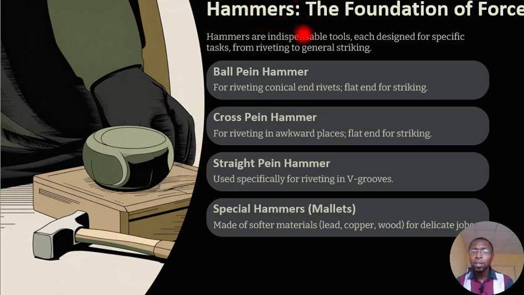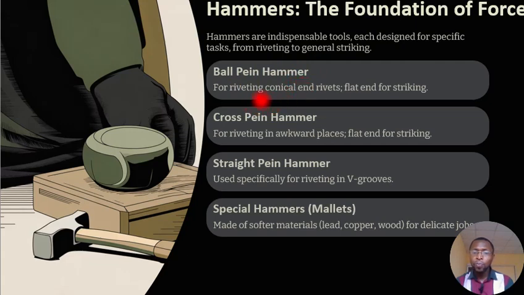For the hammers, like we said before, hammers are indispensable tools. They are designed for a specific task, and that task is to drive in objects into the metal. It comes in different forms. We have the ball peen hammer.